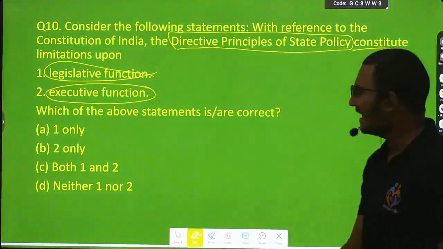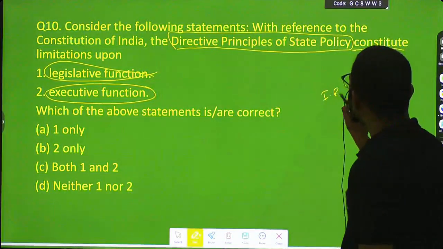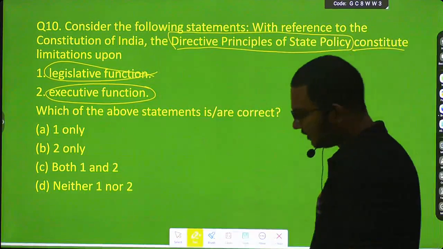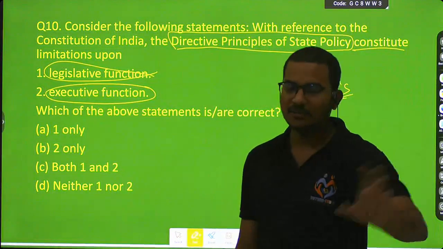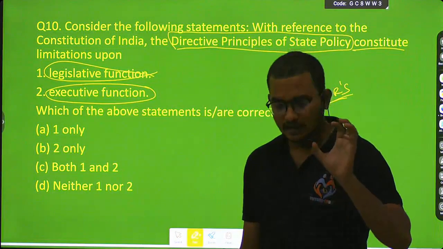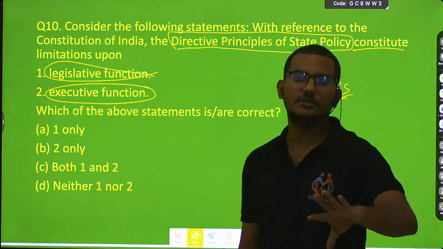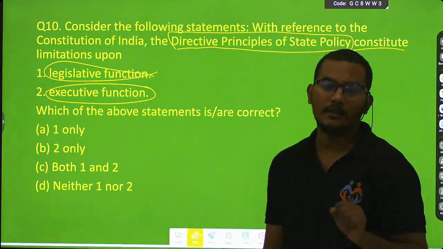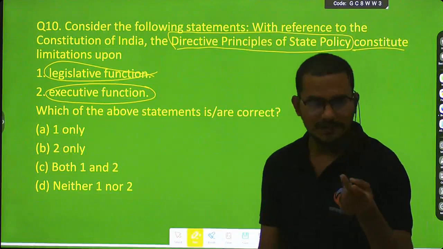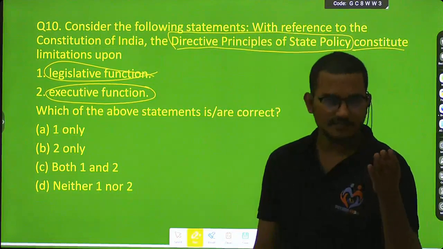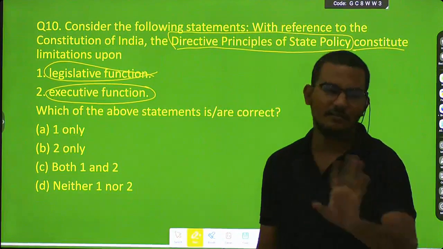See, actually fundamental rights are enforceable. Here what they will do is, state you cannot do this, state you cannot do that. These are instructions given by the Constitution to the government. When I say state, it includes government, legislature, state government, state legislature, local bodies and other bodies as well.